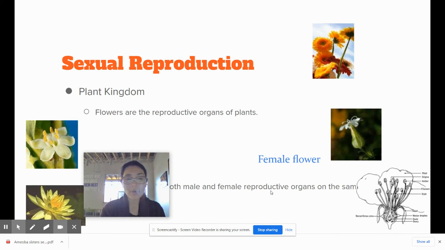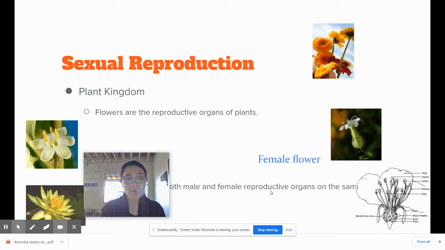So flowers can go either way. It depends on what kind of plant you have, but plants can do sexual reproduction or asexual reproduction. Some plants can just send out those plantlets like the Amoeba Sisters showed and make their own, which again would have one parent, so it would be identical to the parent.